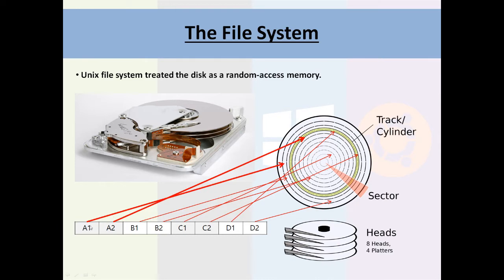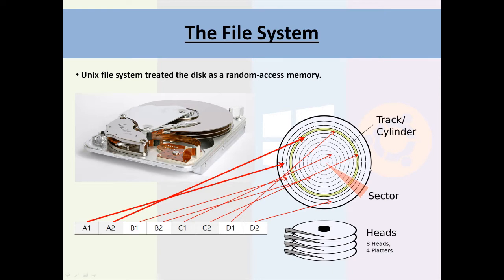So if, say, A1 here was the inode that pointed to a specific data block, and that was over here, and then A2 was the actual data, and that was over here, there is quite a bit of distance that our read-write heads, which are these little thin guys over here that actually read the data, would have to travel before they would read the next component of that file.